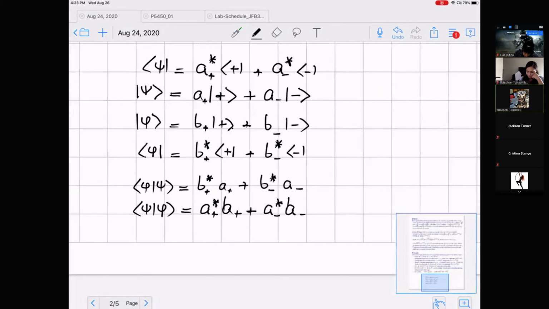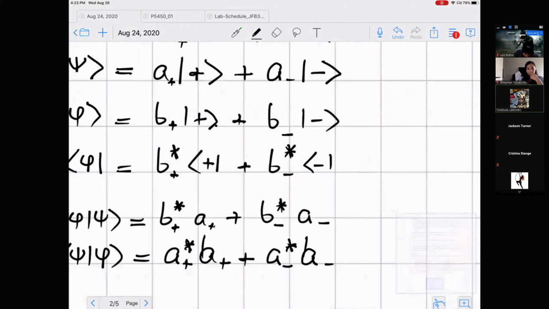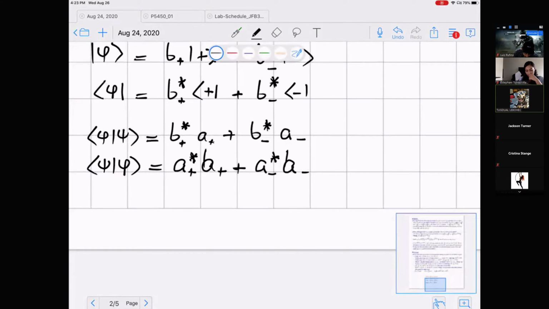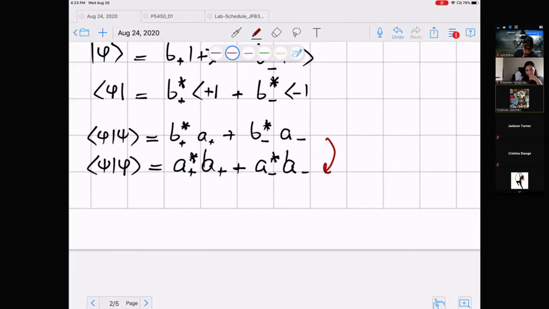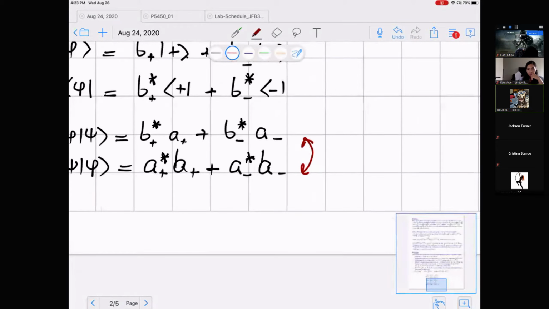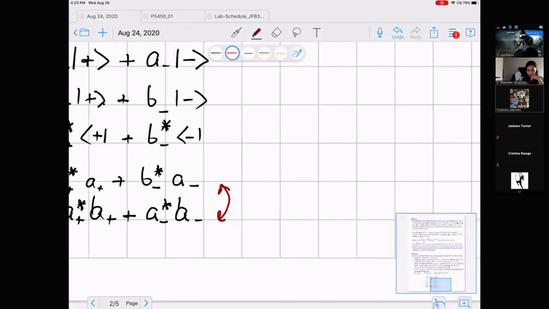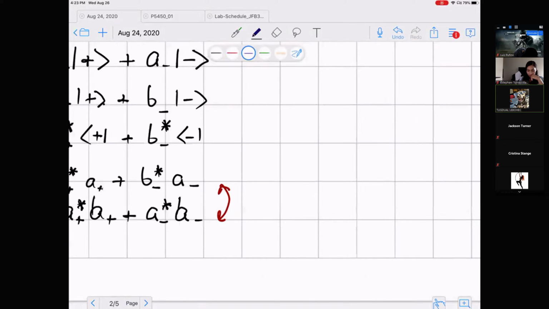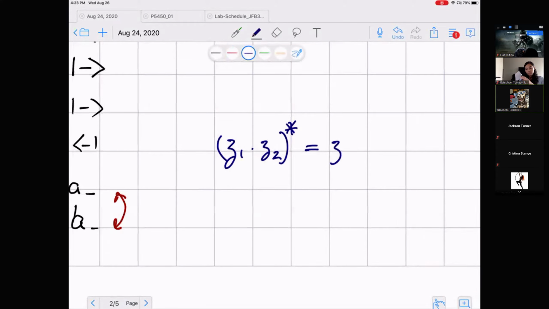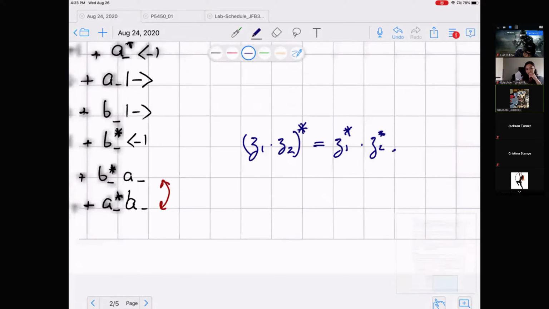B minus. And so you see that you go from here to here by doing a complex conjugation, right? So, okay, maybe the thing that I should remind you is that a complex number Z1 times a complex number Z2 star is equal to Z1 star times Z2 star.